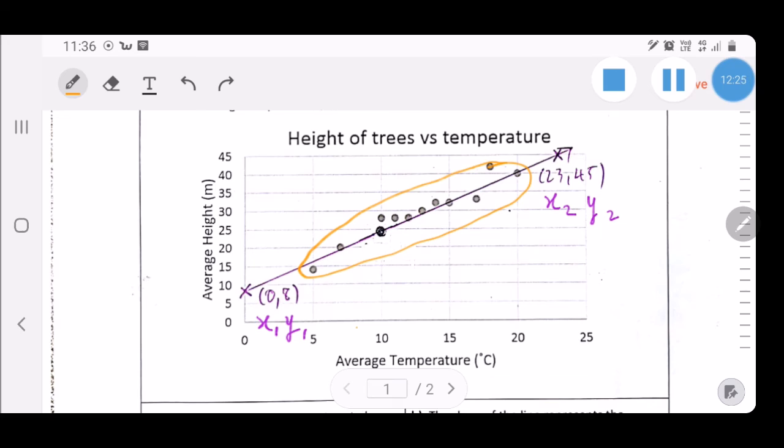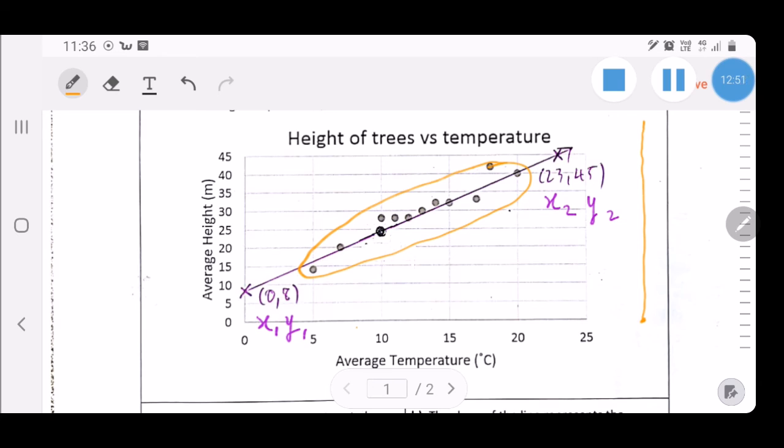Now, if they had asked to what average height a tree would grow in a region where the average temperature is 30 degrees Celsius, which would be over here somewhere, then T equals 30 is outside of the range of T values that we used to construct the model. So that would be an example of extrapolation.